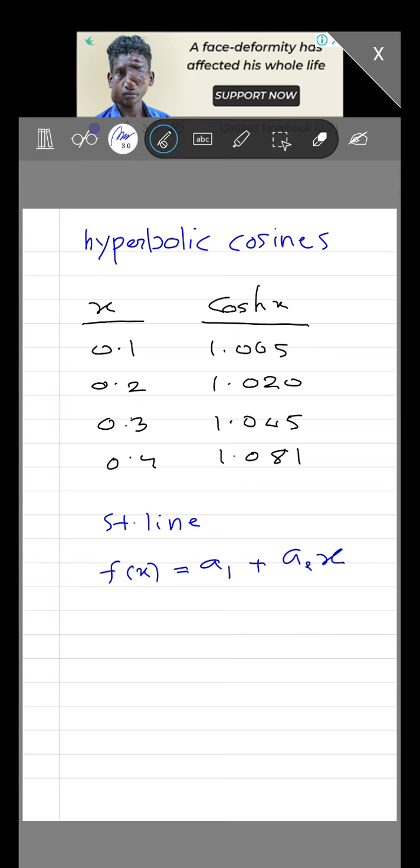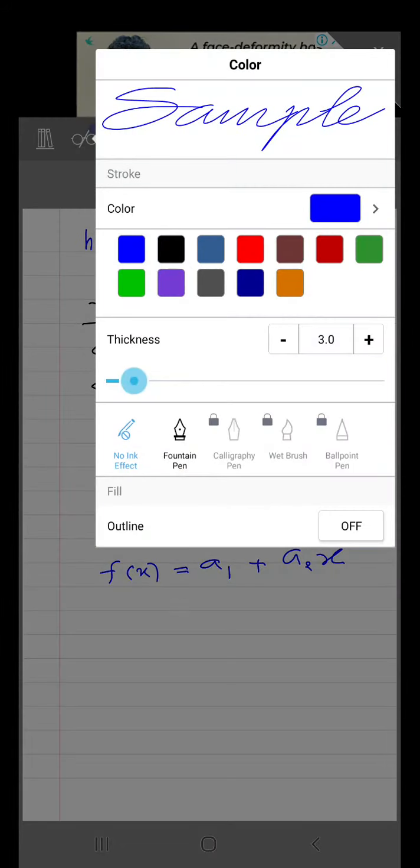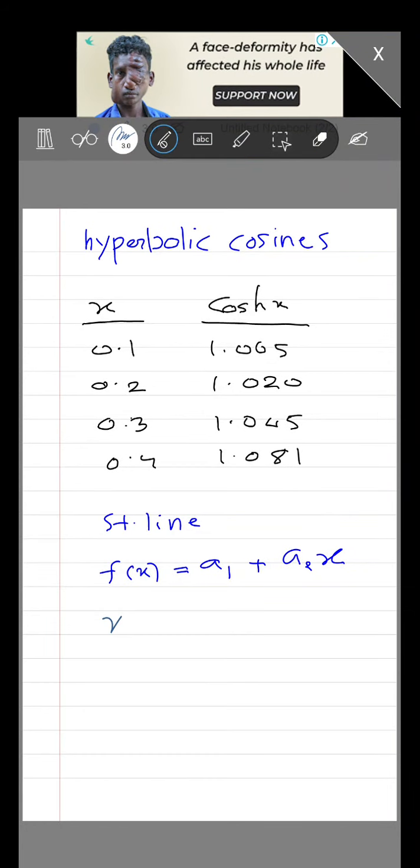So if we use the values at x equal to x1 and x equal to x2, these two values, then we come up with two equations.